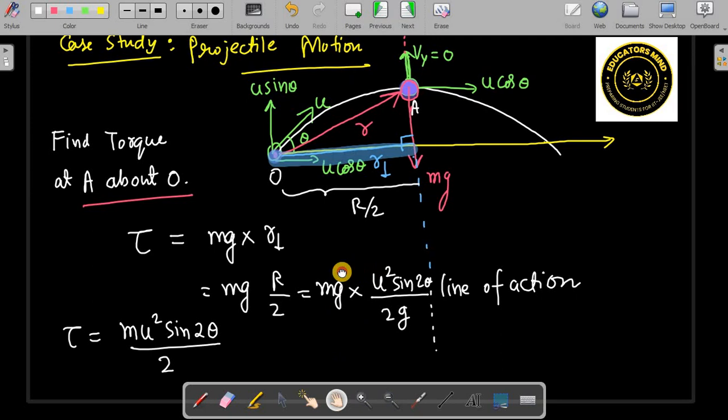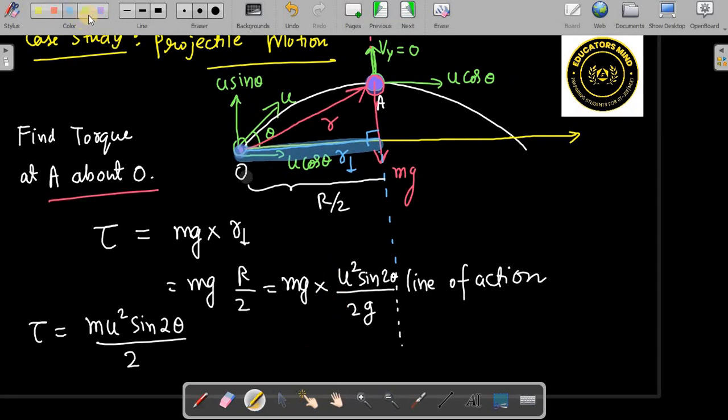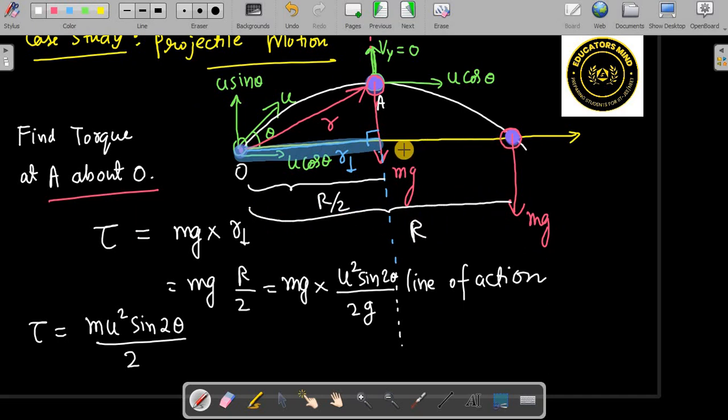So that's the torque we can calculate. Similarly, if they ask what is the torque at a different point, let us say the object has come here and is almost near the ground, about to touch it. Here the force mg is acting like this, and r perpendicular is nothing but this distance, the range itself, because the line of action of the force is this, and r is perpendicular to that.